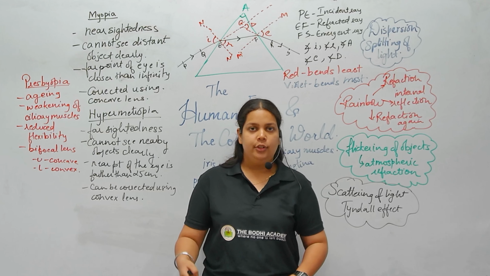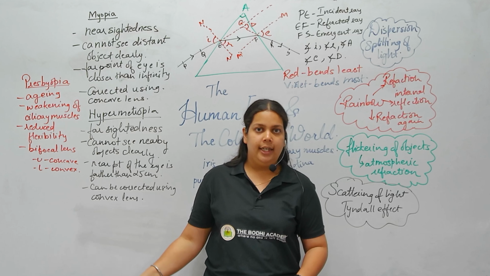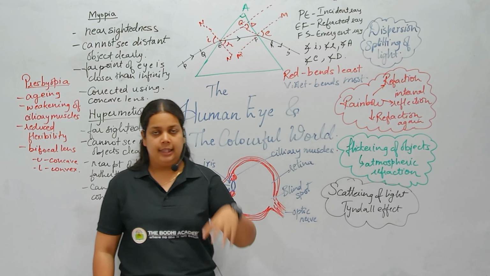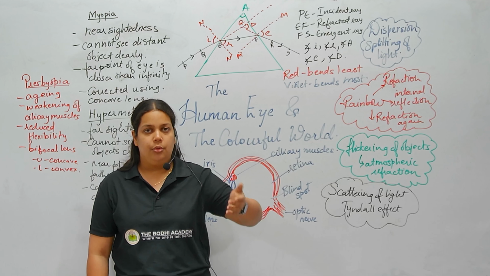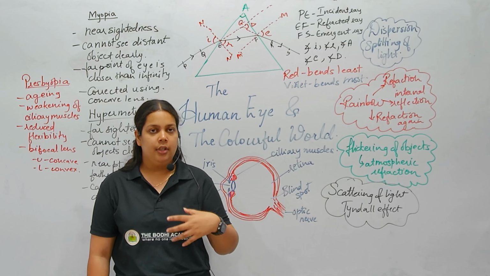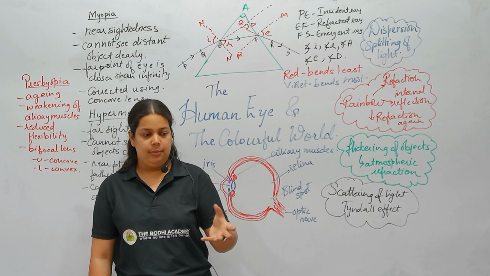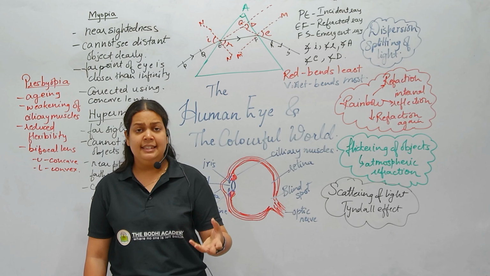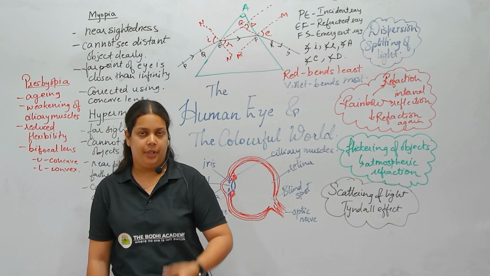In the case of sunset, even though the sun actually goes below the horizon, you can still see it for a short period of time.